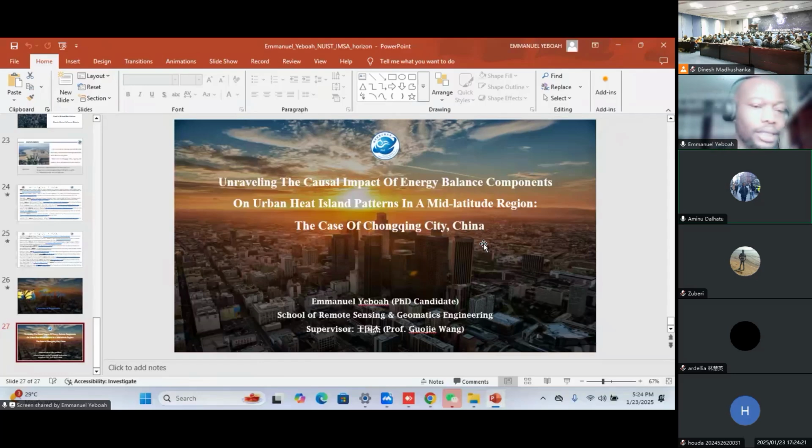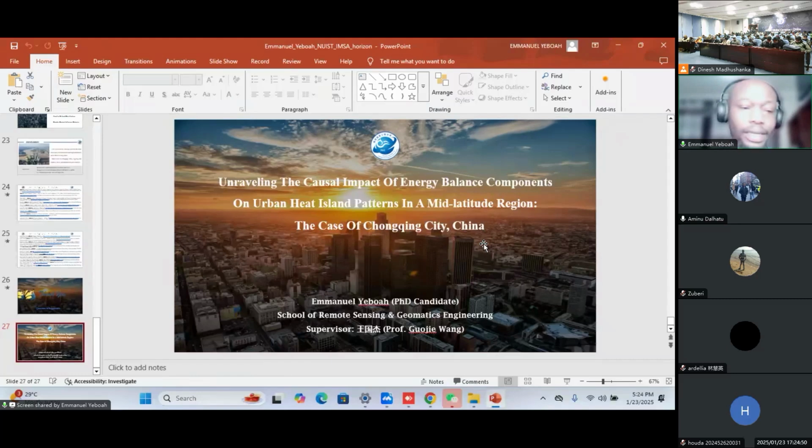Okay, I've gotten it. UHI is basically the temperature difference between urban and rural. So if the UHI is 0.6, that means the temperature in urban areas is quite a bit higher than in rural areas. So yes, it means we are experiencing UHI, but the magnitude is not very significant, even though it's quite high.